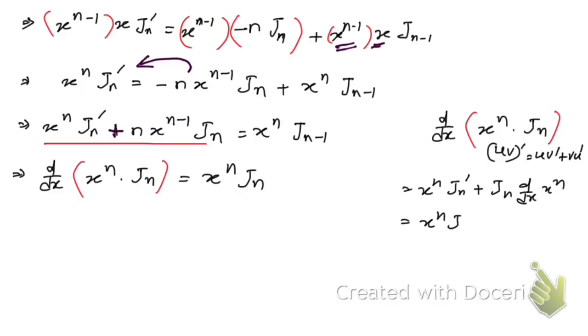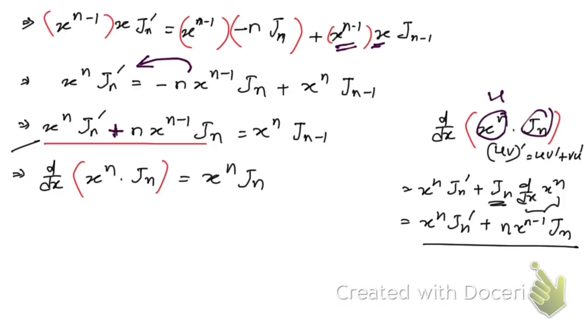I hope you know how to differentiate this. d/dx of x to the power n is n times x to the power n minus 1, and Jn is written here. Here this x to the power n is taken as u and this is v, then this is u times the derivative of v, and this is v times the derivative of u.